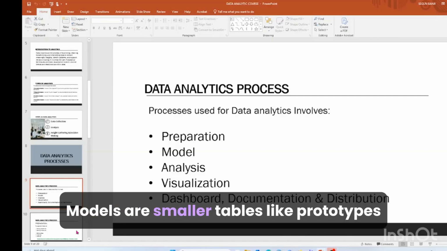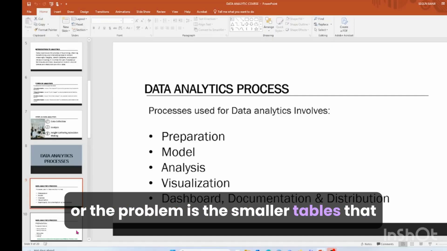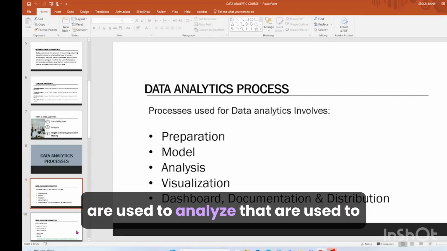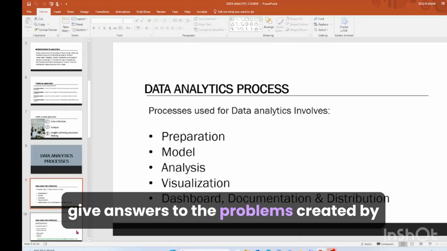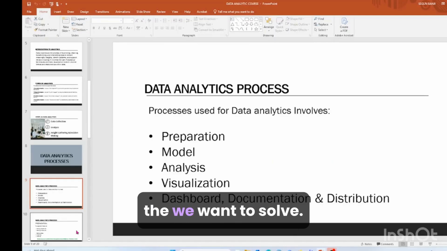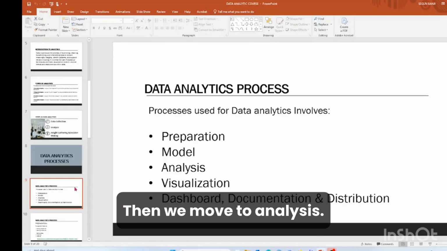Models are smaller tables, like prototypes, that are used to analyze. That means they are the tables created to give answers to the problems that we want to solve.